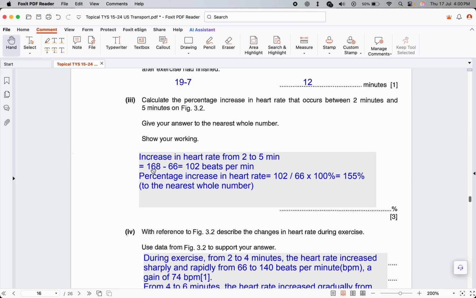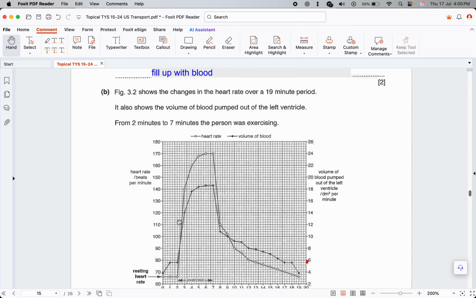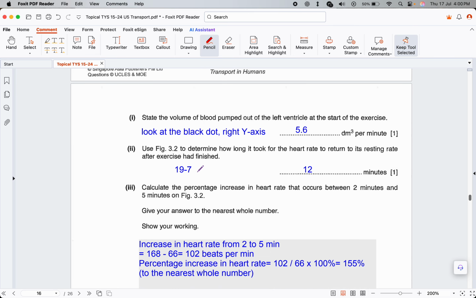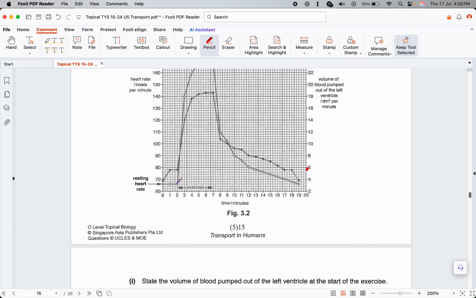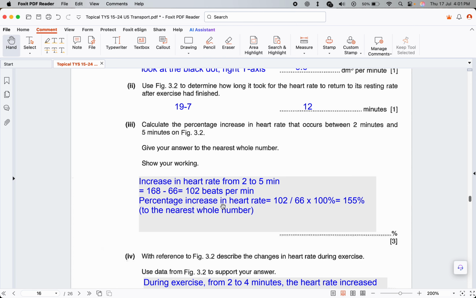So here we take the number at 5 minutes, which is 168, and subtract 66, which is our original resting heart rate. Then we get 102 beats per minute. So to find the percentage increase, we take this new number, divide by the original number, which was 66, times 100%.